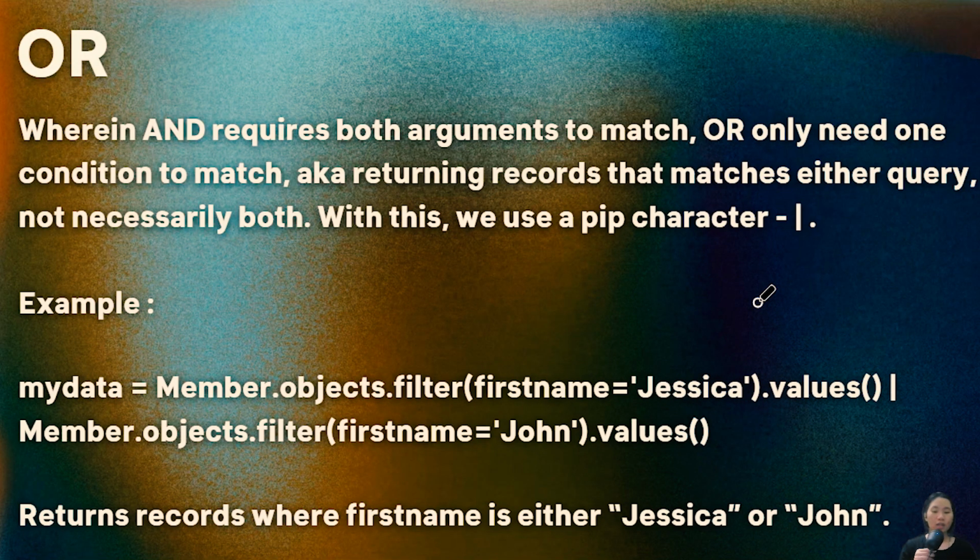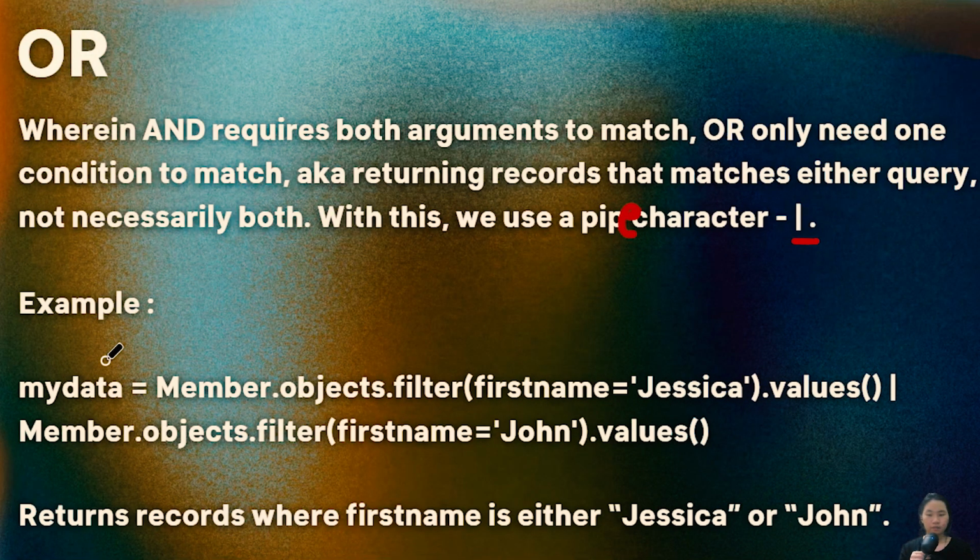It's not going to act how you would want it to act. It's going to outright refuse you. So OR only needs one condition to be true. So you have true and then false, or false and then true. Okay? And for the symbol, we use a pipe character. It looks like a little pipe.